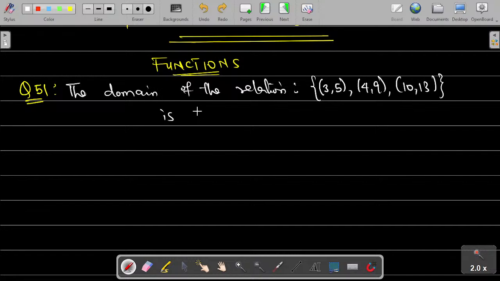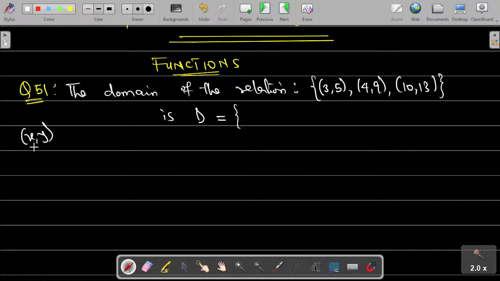Remember that your domain is always a set. That means the set of values for which a function or a relation is defined, and they are usually the values of x. Whenever you have a pair like this in Cartesian representation, you know that it is symbolic of your xy pair.